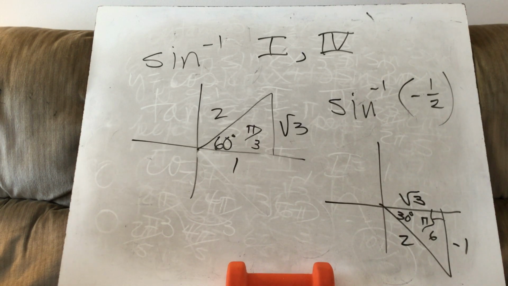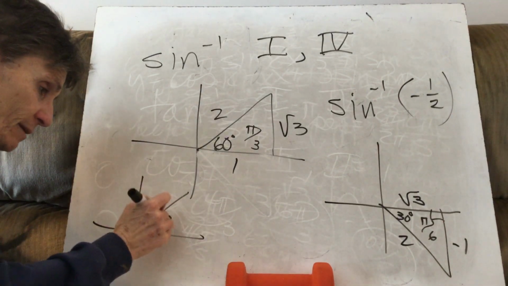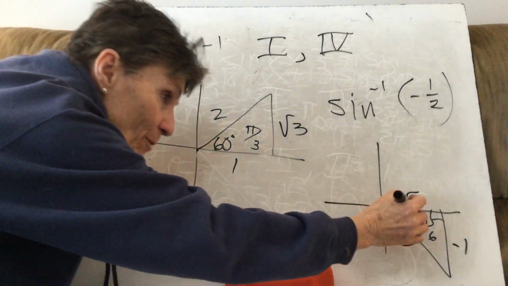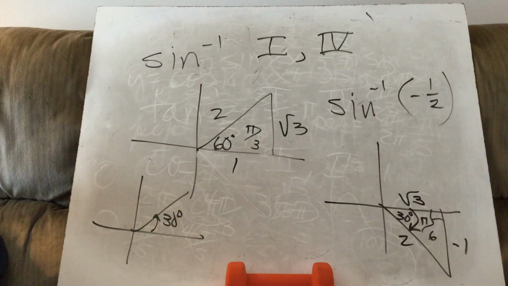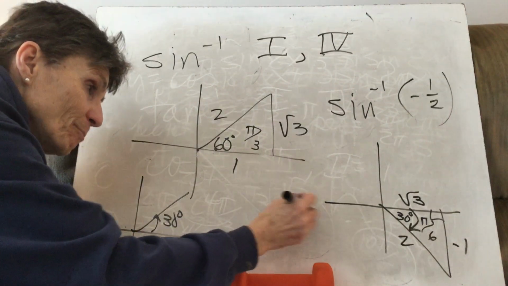Do you think 30 degrees is the answer to the question? No, because if you drew 30 degrees, it would be up here, wouldn't it? We're drawing it down here. So what are we going to say? Not positive 30, but... Negative. Yep. So the answer is negative pi over 6.